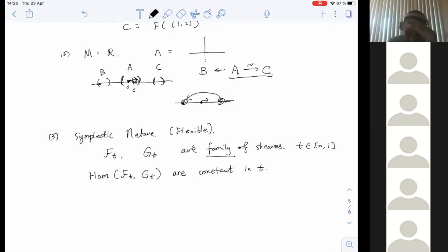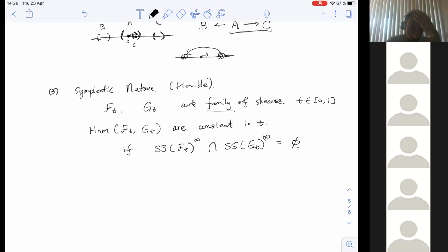in t if the singular support of F_t at infinity is disjoint from the singular support of G_t at infinity. So this infinity means I take the non-zero part of those conical Lagrangians. And so these are the Lagrangians sitting at infinity.